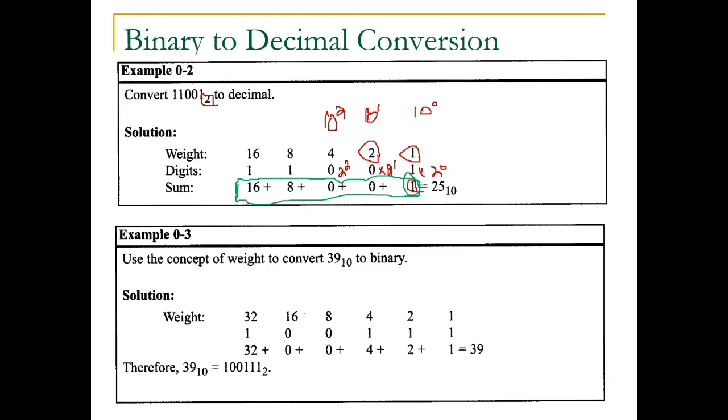So we proved that when we convert decimal into binary, we divide by 2 and write all the remainders from the most significant bit to the least significant bit.